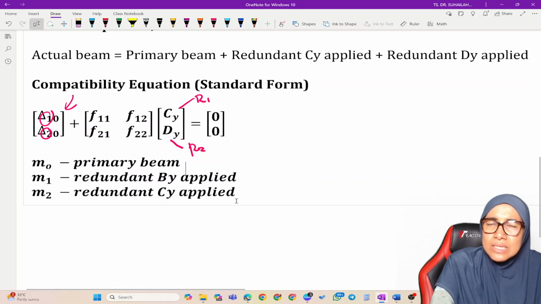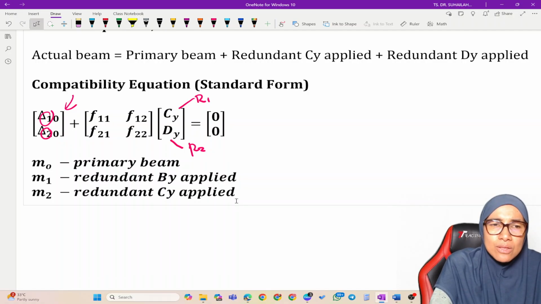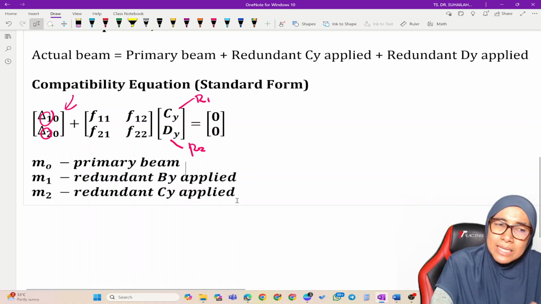Okay, inside this compatibility equation, we can see there are three symbols used here. It is 0, 1, and 2. And since this is beam, so for beam displacement, we integrate to get displacement. We integrate moment equation to get displacement.